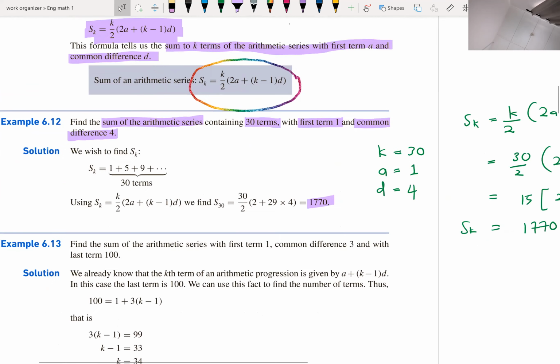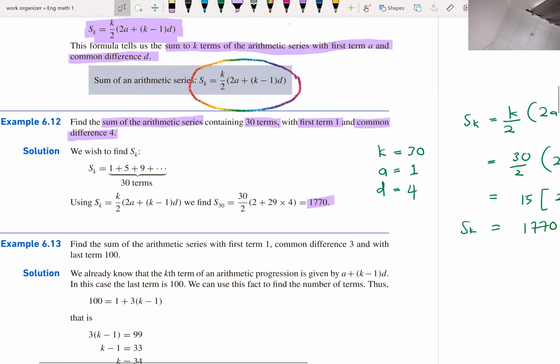A plus, in brackets, K minus 1, and then multiply with D. So this is the general formula for the last term, A plus K minus 1 D. So we are going to input A and D into the last term formula. Here A is 1 plus K minus 1, D is 3.